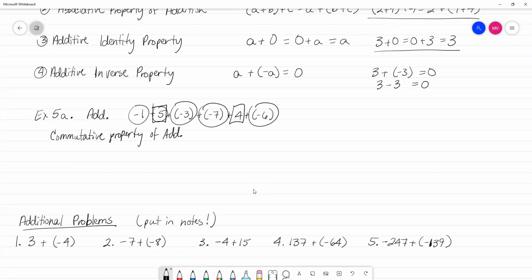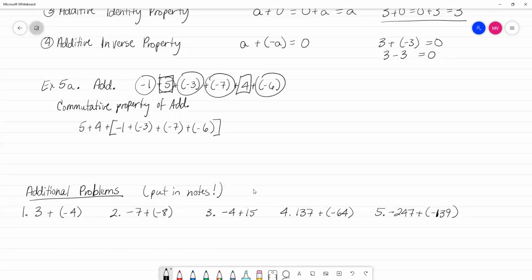I'm actually going to start with a positive because that makes me feel better inside. 5 plus 4 plus, I'm just going to do this guy here, negative 1 plus negative 3 plus negative 7 plus negative 6. Okay, and so that way I can do all of these first.